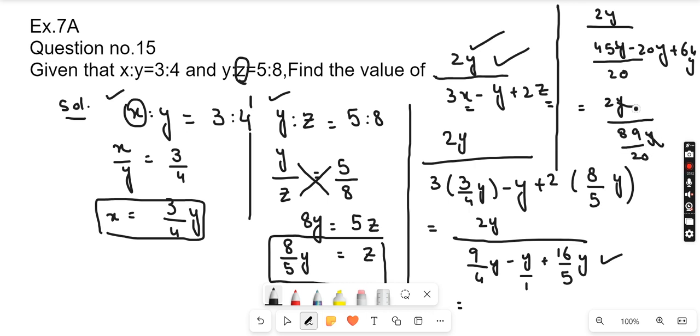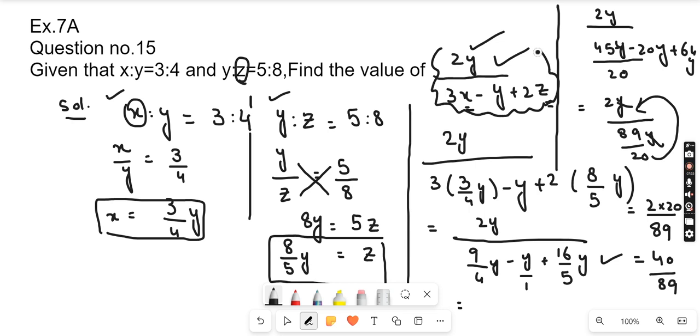This y is reduced with this one, and finally this 20 will be multiplied with the numerator, and your answer comes 40 divided by 89. So this is the final answer for this fraction.